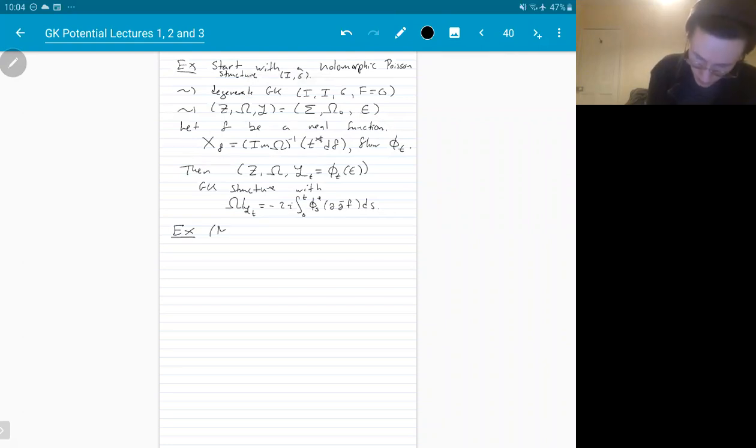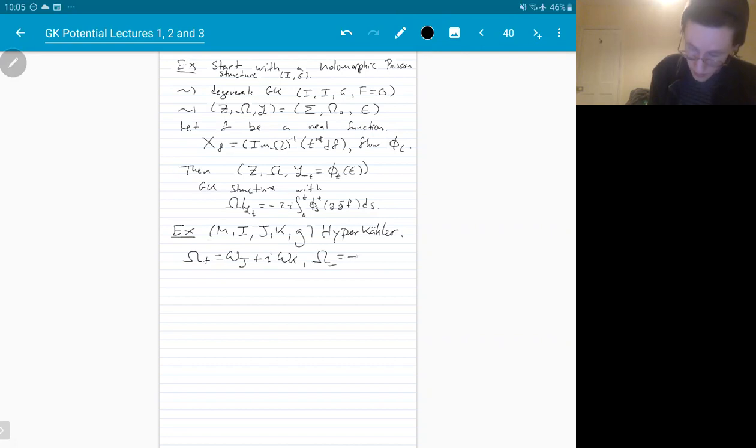Another example is the one that I spoke about last time. It's this deformation of a hyperkähler structure. So remember, in this case, we got omega plus, which is like this.